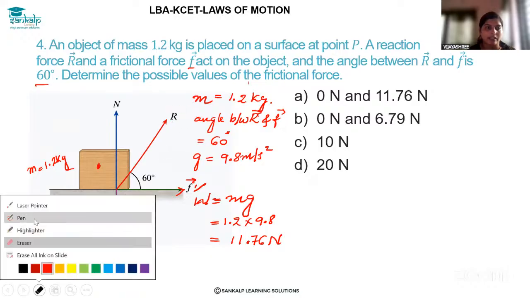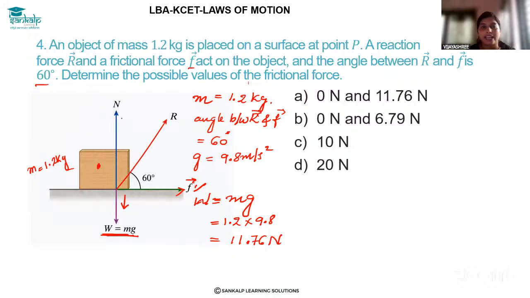So initially, which forces are acting? Normal reaction, vector N, acts upwards, frictional force acts horizontally in the forward direction, and the weight of the object acts in downward direction. There are three forces acting on the object: weight W in the downward direction, normal reaction in the upward direction, and frictional force acting horizontally, along the surface.